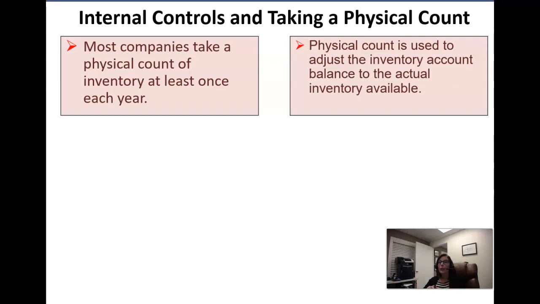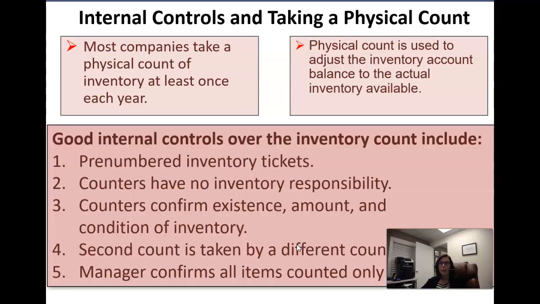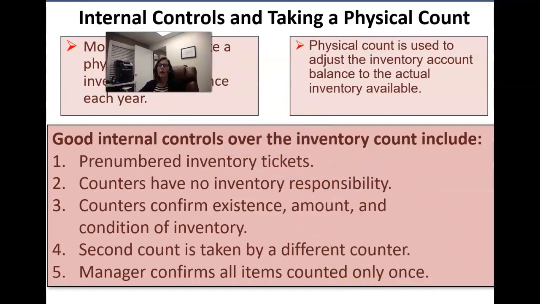And so at least once a year, companies are going to go out and take a physical count. They might even close their doors for a day or two, or have an overnight inventory, and they will bring people in and count all night long to make sure that the inventory records are accurate and make any adjustments if they aren't.